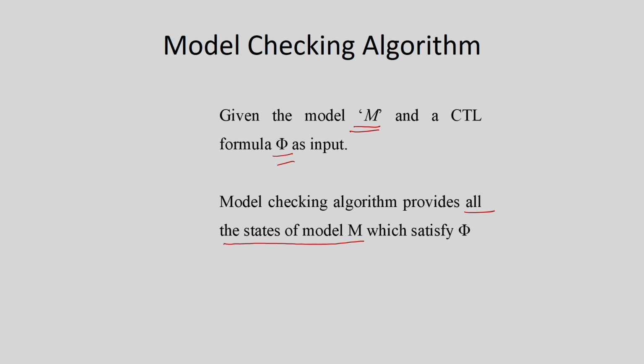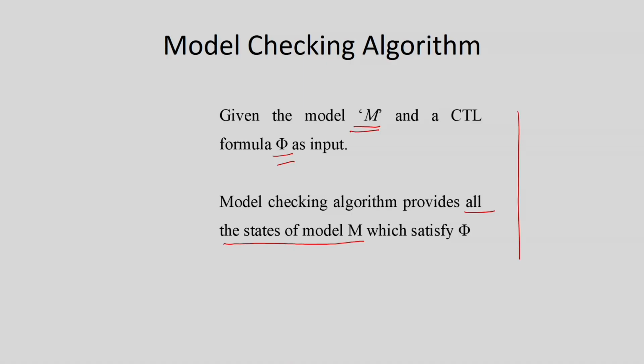So in the model M we check for the property phi, and as a result the model checking algorithm gives us all the states where this particular formula is true. We are going to discuss this particular approach: we give a model M and a formula phi, and the model checking method returns all the states where the given formula phi is true.